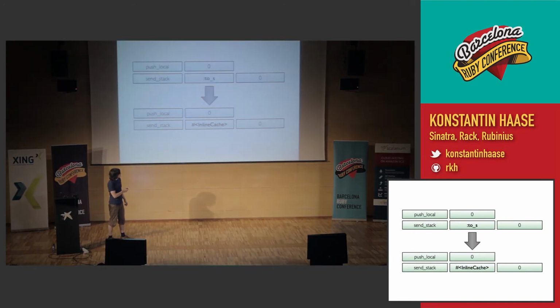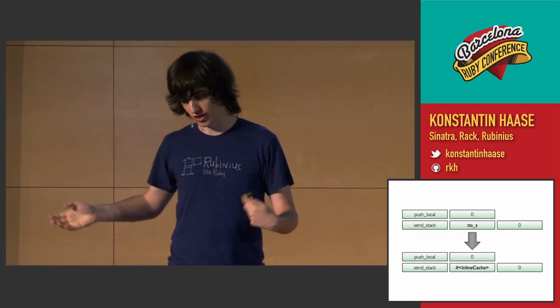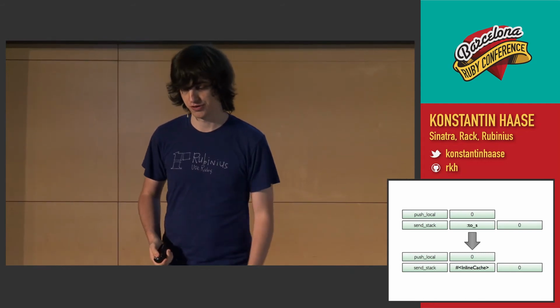So there's a 2S in there in memory, but upon the first call, that 2S will actually be replaced by an inline cache to make the call to S faster, again, to make Ruby code run faster on Rubinius.